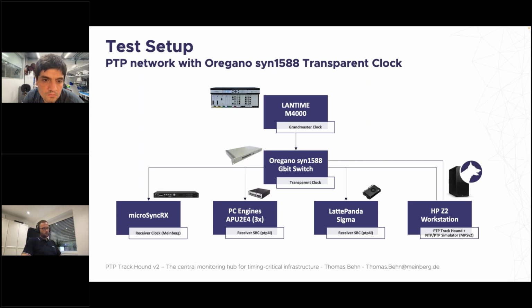Latte Panda Sigma, which is pretty powerful, what they call the single board server. Also running PTP-4L, and then we have my HP Z2 workstation, which is my work PC. This one's running PTP Track Hound and also our NTP PTP simulator MPS version 2, which we use to simulate traffic to generate PTP traffic.